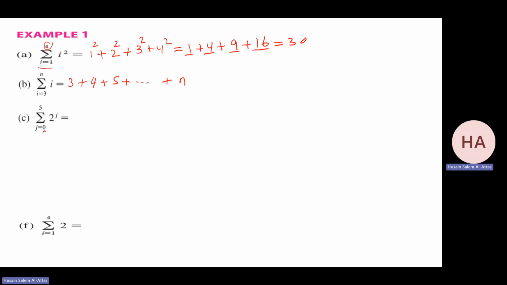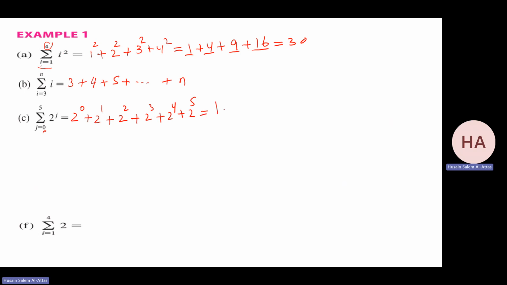Now, the index starting from 0 up to 5. So I have 2 to the power 0 plus 2 to the power 1 plus 2 to the power 2, plus 2 to the power 3, plus 2 to the power 4, plus 2 to the power 5.